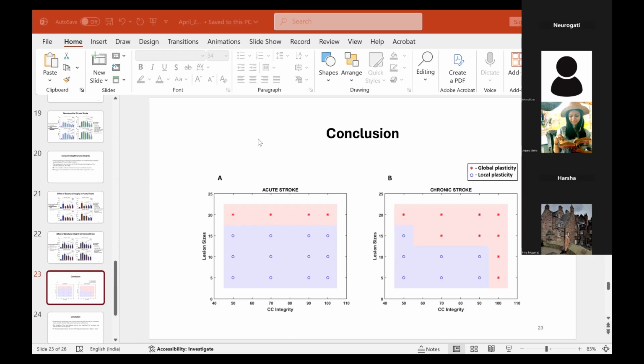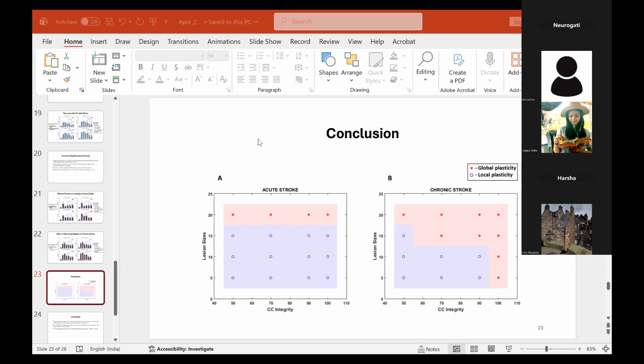So even if the other hemisphere tries to help this hemisphere in recovering, by sharing a higher part of the load in making the affected arm move, because of the damaged corpus callosum, the activation is not going to be able to be passed from one half of the brain to the other half. Because of this, global plasticity type training is not going to be useful for the patient. They're not going to recover better than with local plasticity.